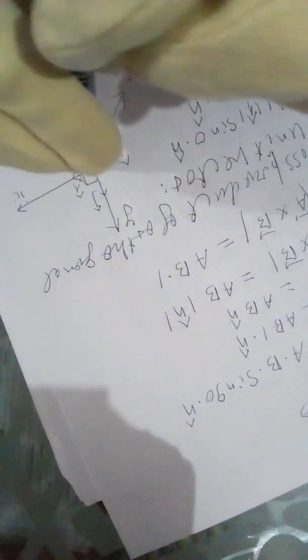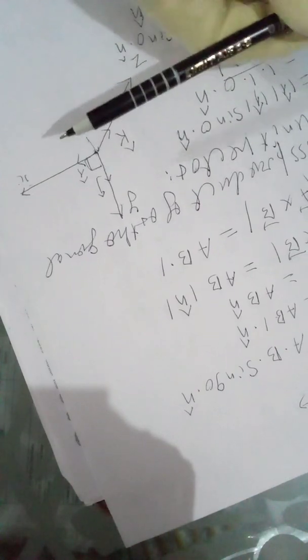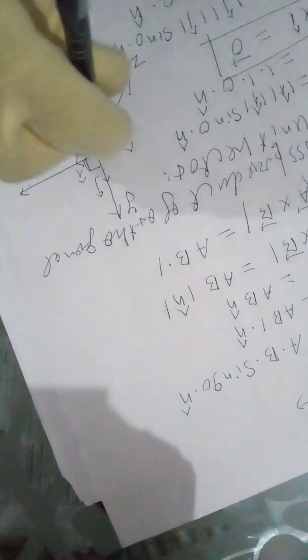When you rotate the screw from j to k, the tip of the screw moves in the x direction. This is your j, this is your k. Rotate your screw from j to k. This direction is anti-clockwise, so it moves in the positive x-axis.